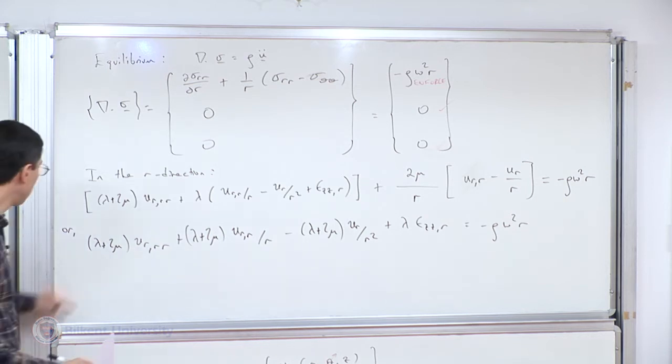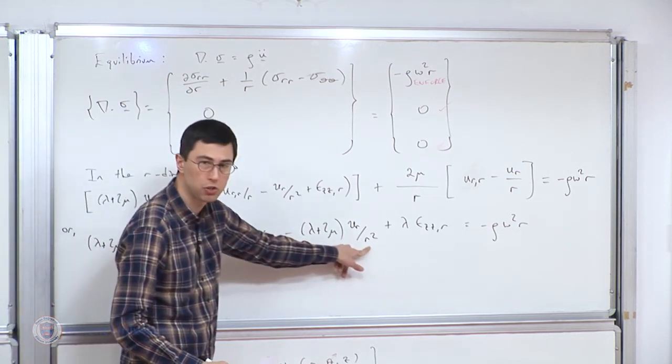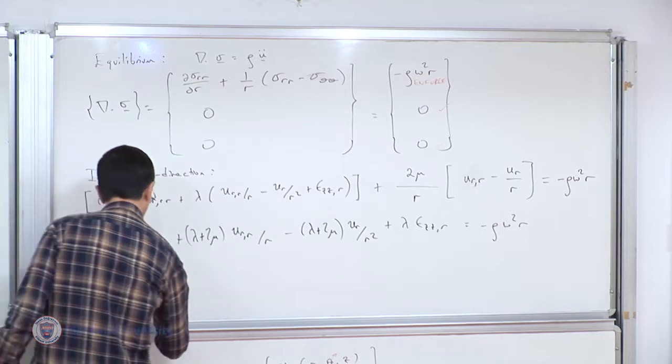Finally, I can divide everything by lambda plus 2 mu and multiply everything by r squared, just to get a nicer picture.